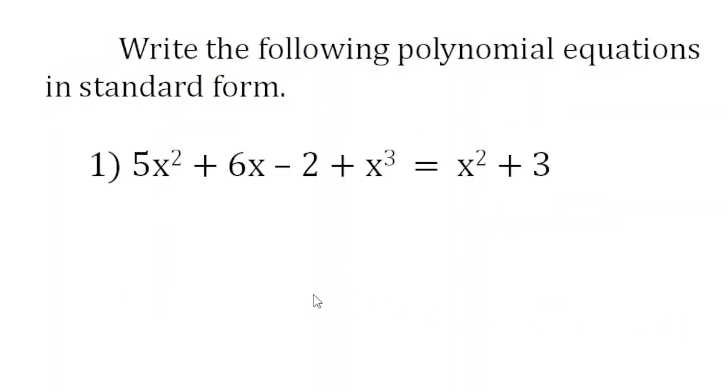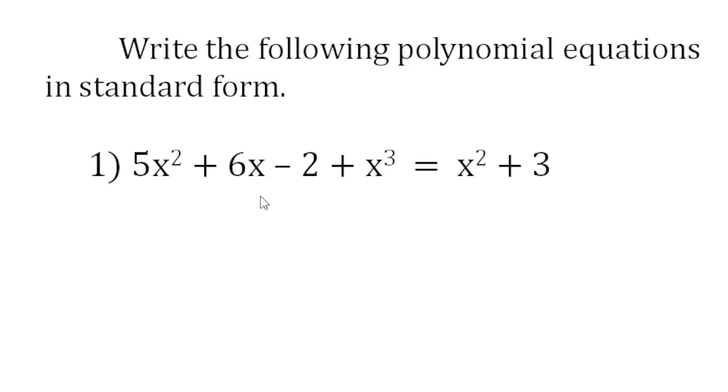Now, the next thing that we are going to learn here is to write polynomial equations in standard form. When you say standard form, the terms are arranged from the highest exponent to the lowest exponent. Then the right hand side of our equation is 0.